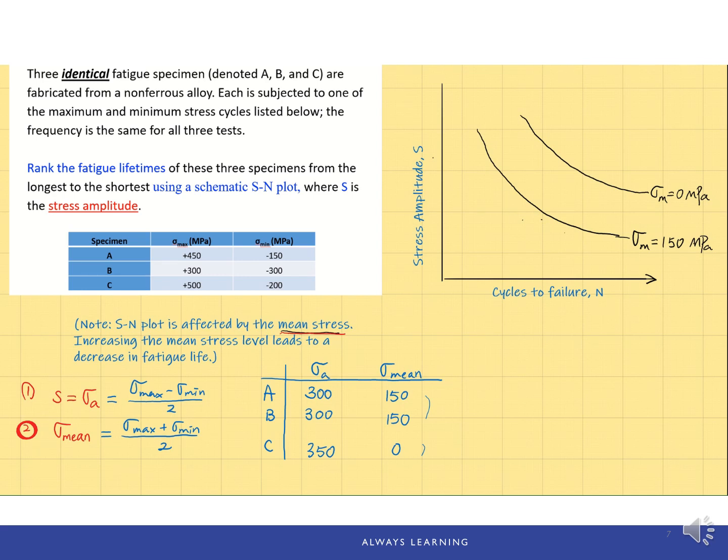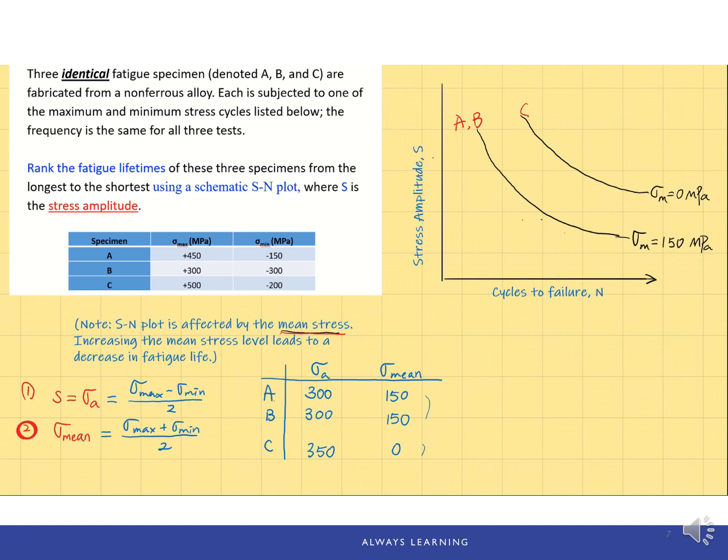That means for specimens A and B, we need to refer to the bottom line, because that is where the mean stress is 150. For specimen C, we need to refer to the top curve, because that one refers to the mean stress of 0 megapascal.